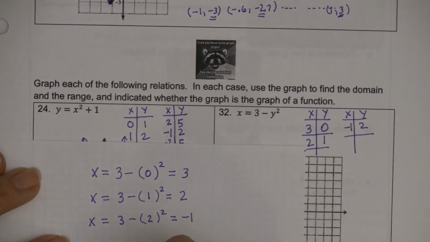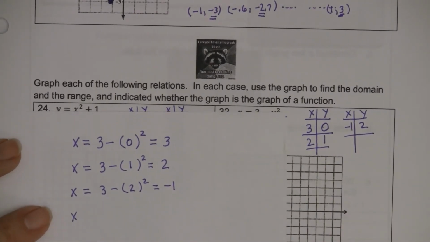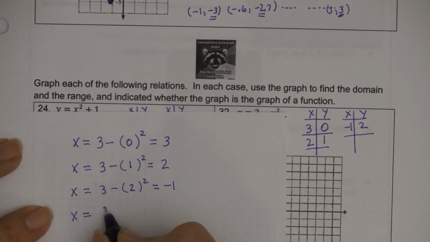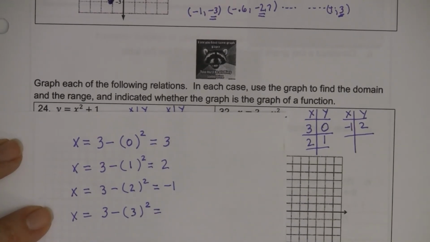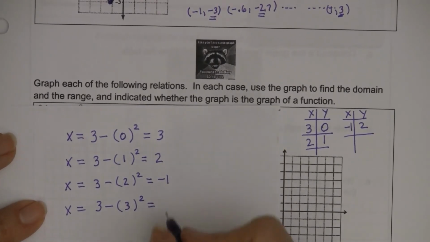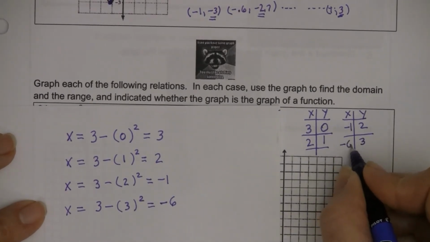And then I'm going to choose y is 3. I'm not choosing any x's because it would be difficult. So when I choose 3, I get 3 take away 3 squared, which is 9, 3 times 3. 3 take away 9, which is negative 6. So I chose y to be 3, and I got negative 6.